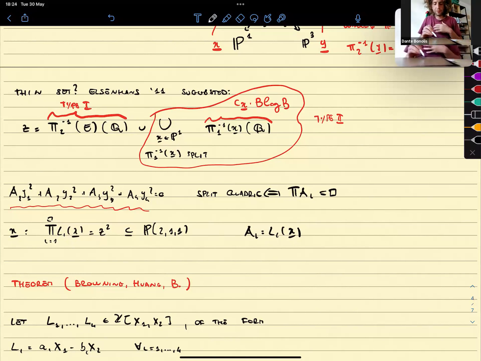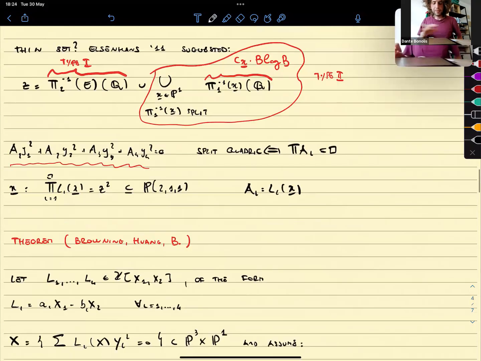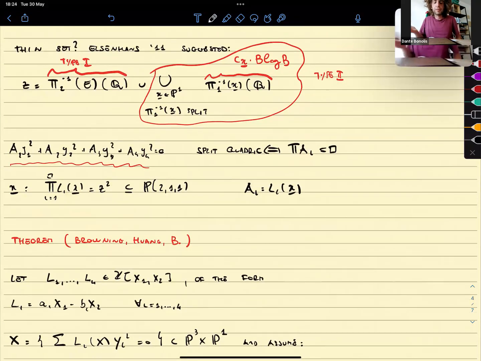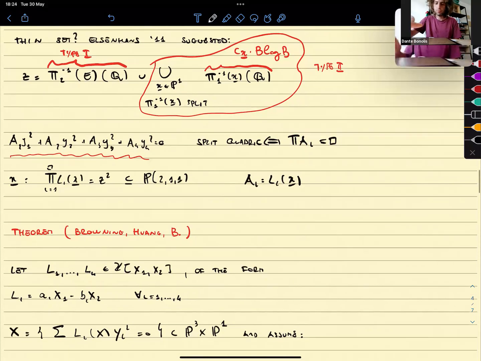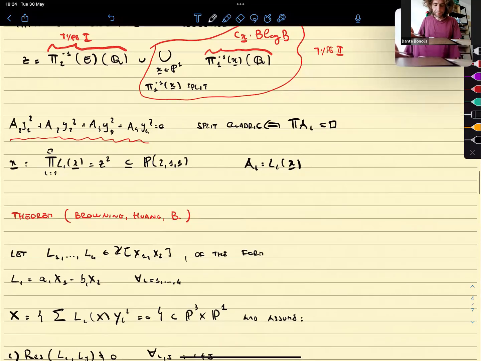We have given weight 2 to Z, so this is homogeneous when you give weight 2 to Z, and this is going to be an elliptic curve. If the rank of this elliptic curve is larger than 0, you might have infinitely many points. That's why you actually need to remove all these points here.